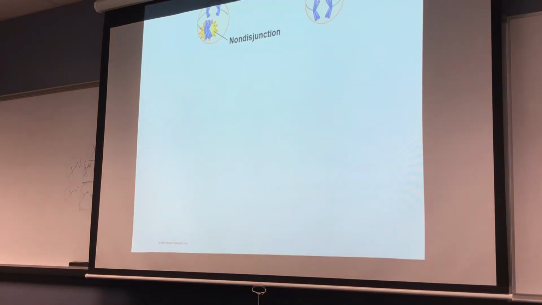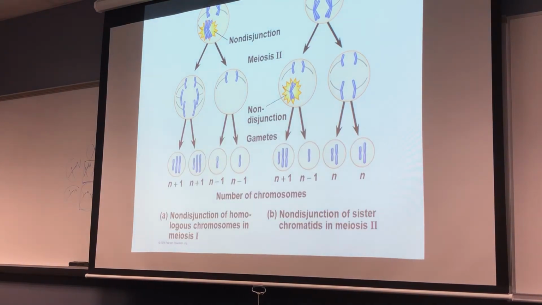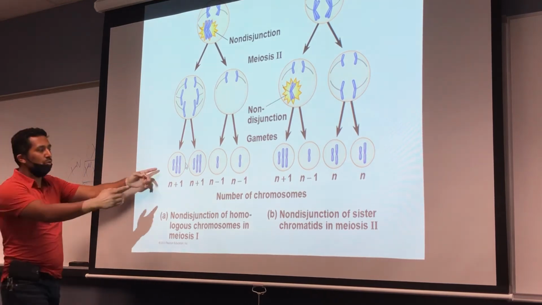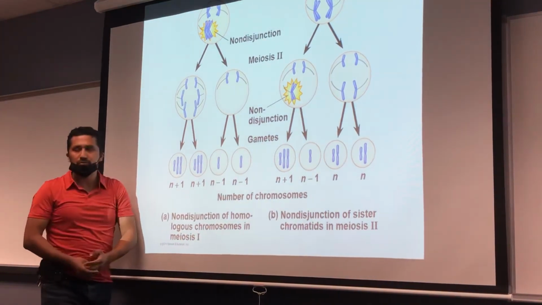So for example, whenever you have here the separation of homologous chromosomes, if this non-disjunction, failure to separate of these chromosomes, happens on meiosis 1, then it will lead to all the daughter cells being abnormal in number. Okay. These two will have an extra chromosome, and these two will be missing a chromosome.